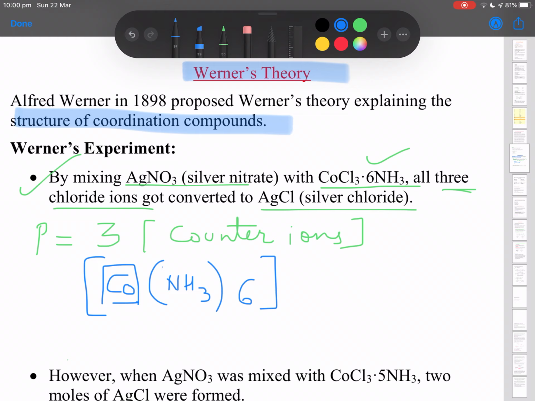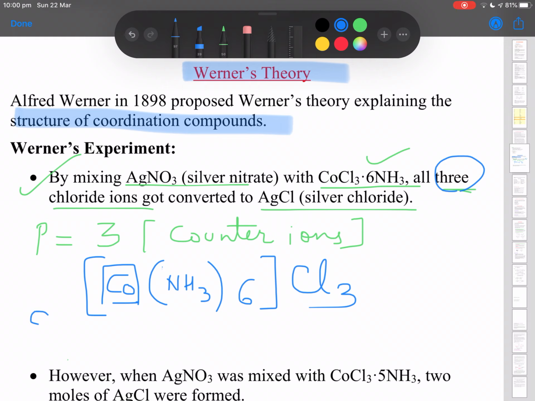And the counter ions, the three chloride ions which got precipitated out, are considered as primary valency, and that has to be cited outside the coordination sphere as Cl3. So this is how he understood to write the formulae of a compound.